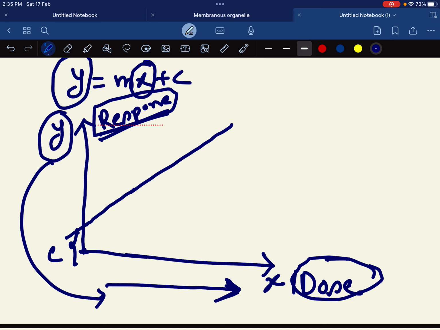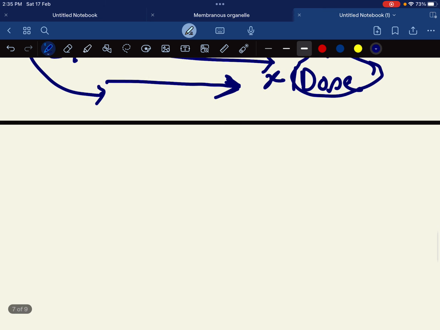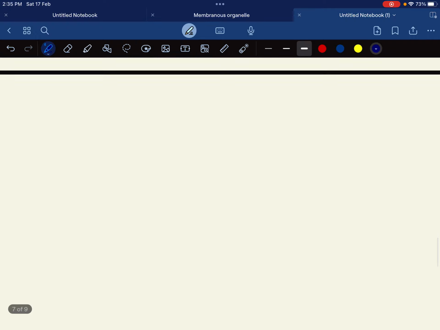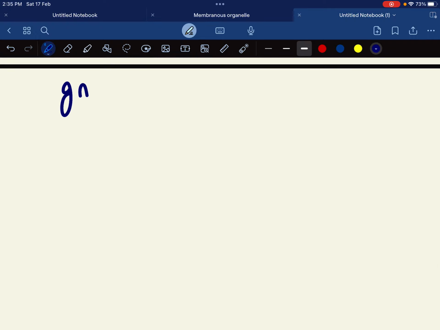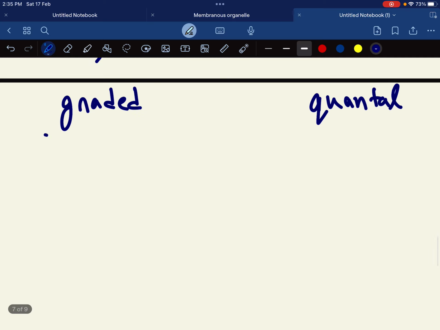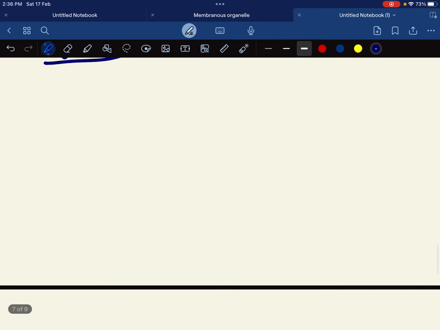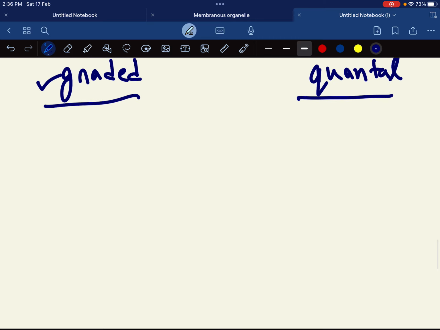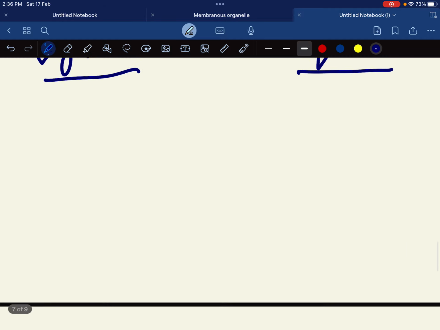So we basically have two types of dose response curve. One is graded and another is quantal. Before diving deeper into these two types of graph, I should also mention that each of the graded or quantal dose response curves can be plotted in two ways.